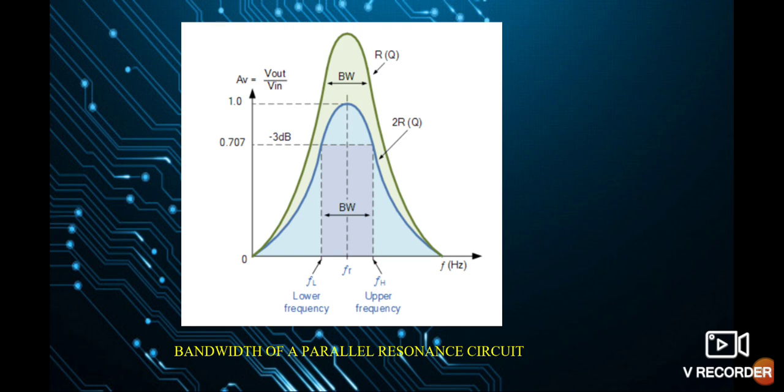The output gain is denoted by AV, which is V out by V in. The bandwidth can be calculated by subtracting the lower cutoff frequency from the upper cutoff frequency, and the mid portion of the graph gives us the resonant frequency Fr.